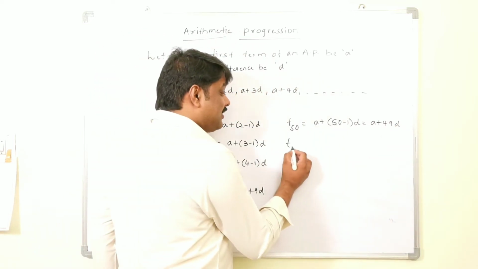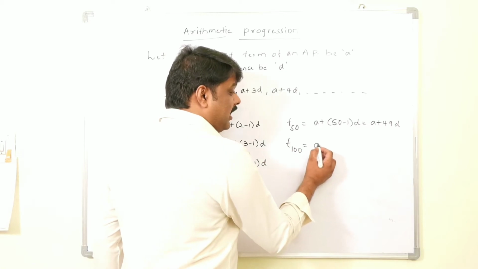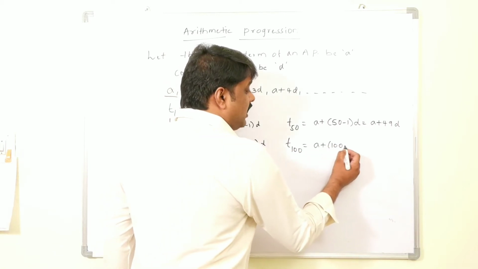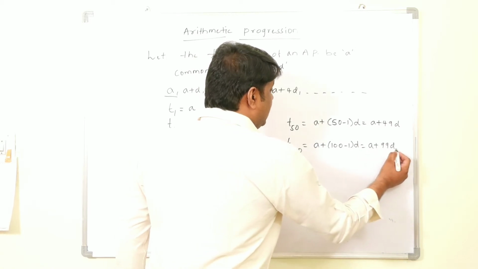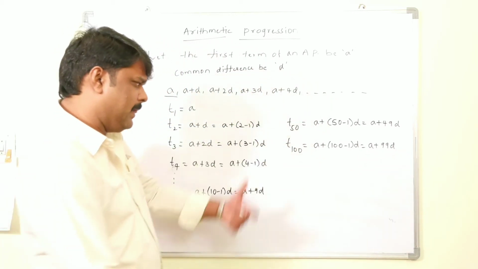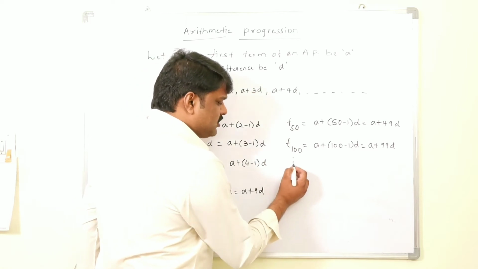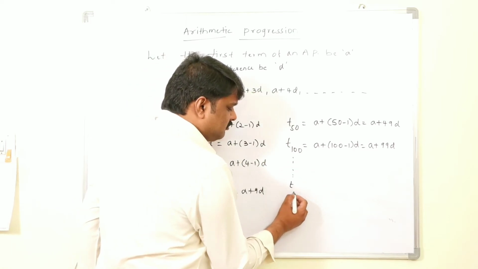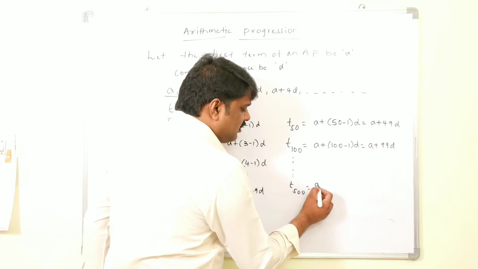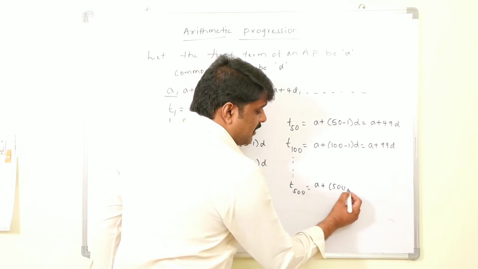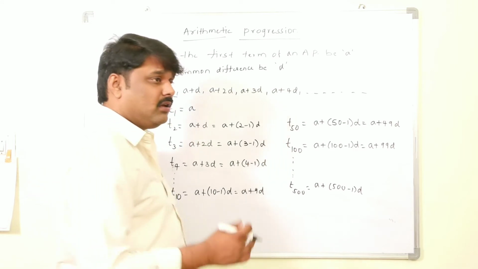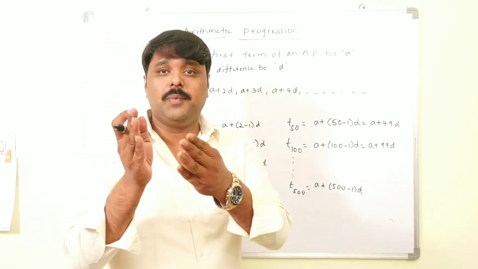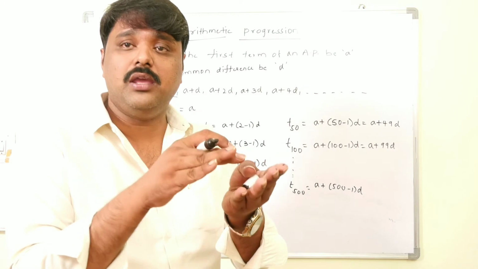Similarly, T100 is a plus 100 minus 1 into d, a plus 99d. And so on, T500 is a plus 500 minus 1 into d. T something is a plus something minus 1 into d.